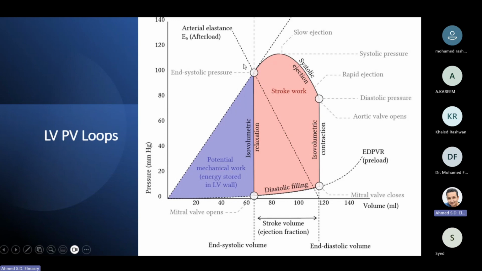And you will find that there are two very important points here, this point and this point. This point describes the relationship between the pressure and volume at the end of the diastole, which is called the end diastolic pressure volume relationship, which is a surrogate of the preload state of the heart.